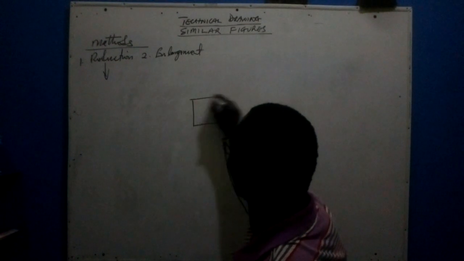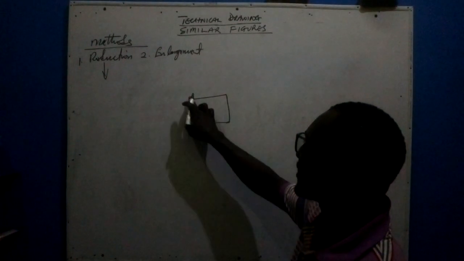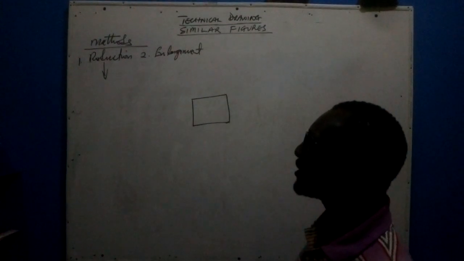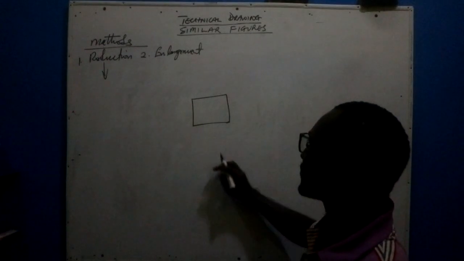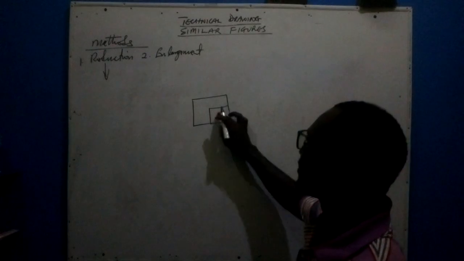For example, if I have maybe this figure, a rectangle, and I said that I should draw the reduction form of this rectangle, the smaller size, this is the reduction.